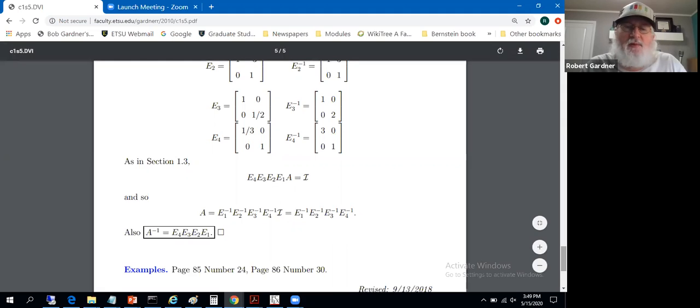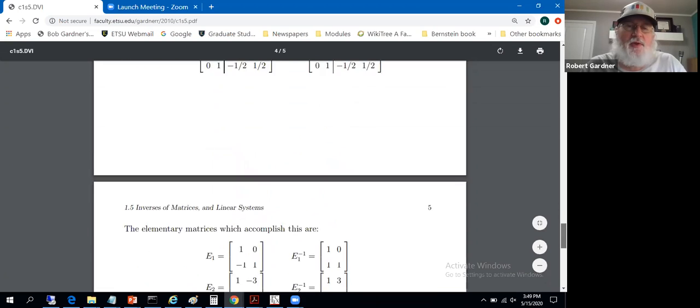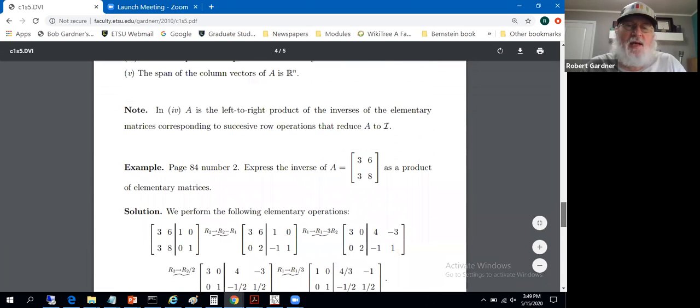But up there in the theorem, it said something about writing A as a product of elementary matrices. Here it is. It also said something about inverses. The note before this question said, let's read it again and make more sense now.